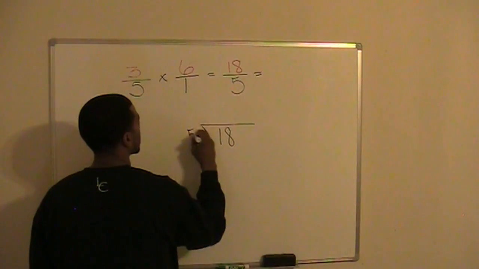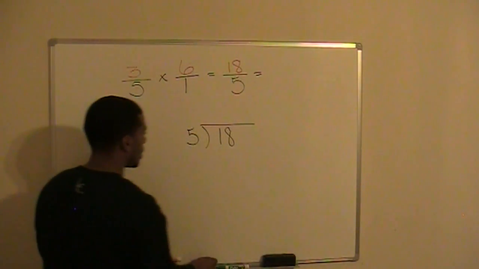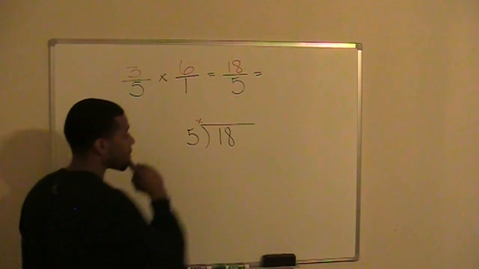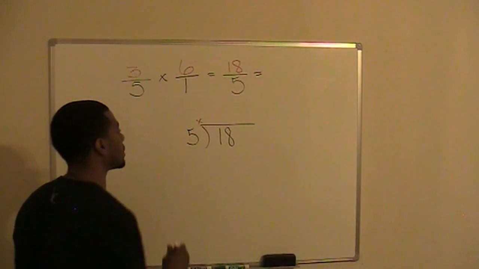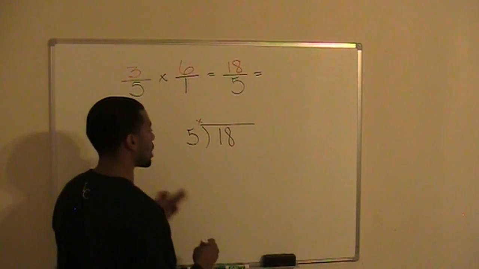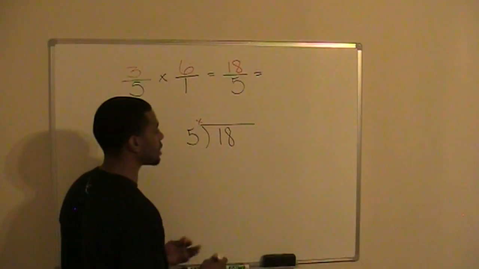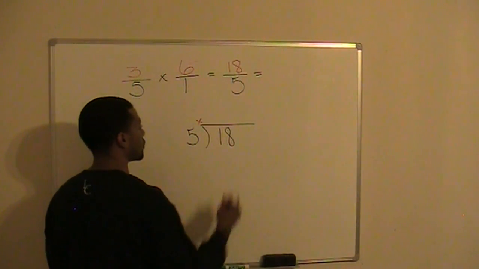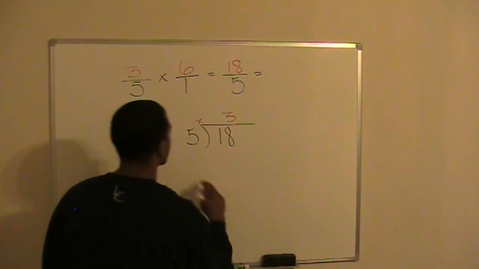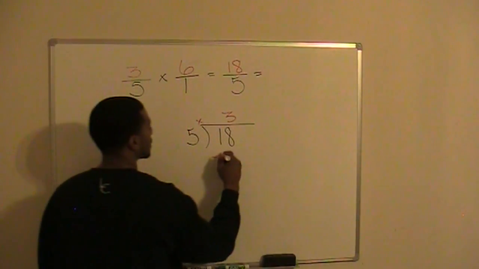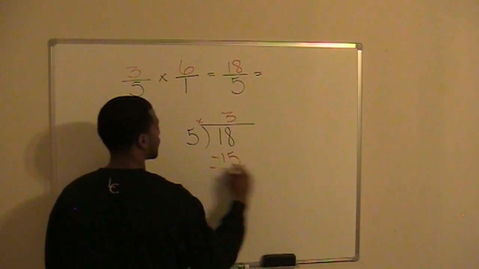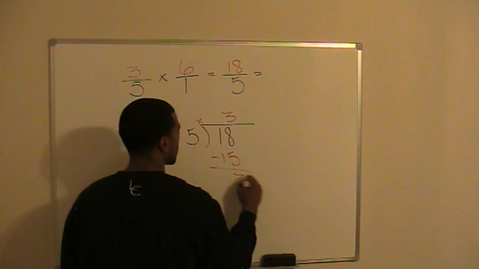And we should know that 5 can go into 18 3 times, because 5 times 1 is 5, 5 times 2 is 10, 5 times 3 is 15. So I put my 3 there, 5 times 3 gives me 15. I'll subtract my 15 from 18, leaving me with 3.